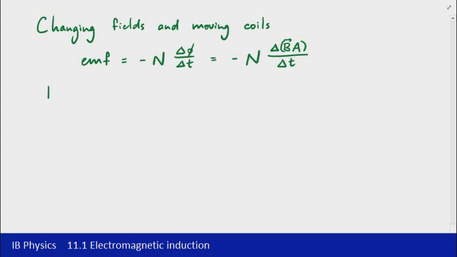So for an EMF to be induced, as the equation suggests, there needs to be a change in flux. And what we'll be looking at here is different ways to create a change in flux.